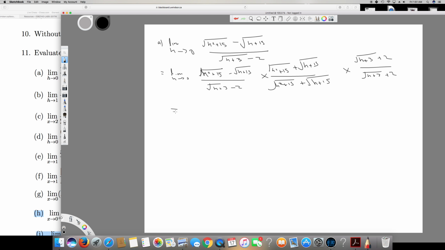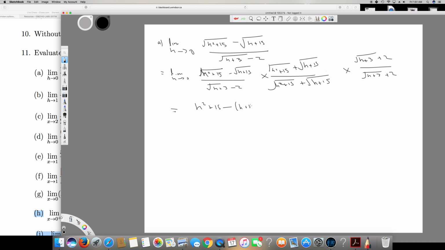It's going to be, the top part is going to be h square plus 15 and minus, don't forget guys, when we expand this one, this is going to be within the bracket. If you don't put the bracket, everything will change and the whole answer will be wrong. So we have to put the bracket right here.